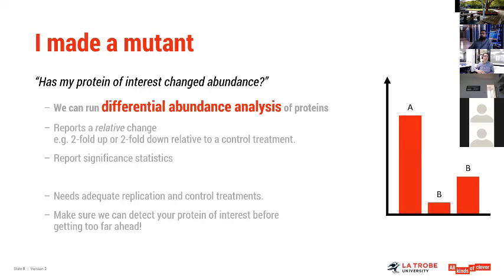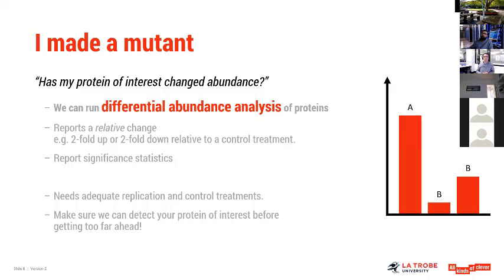Third scenario, I made a mutant, so knocked a gene out of some particular organism, and you're interested in whether it has regulated other protein abundances in the cell, whether things have gone up or down in response to this perturbation. So in this case, we can run a differential abundance analysis of a proteome.